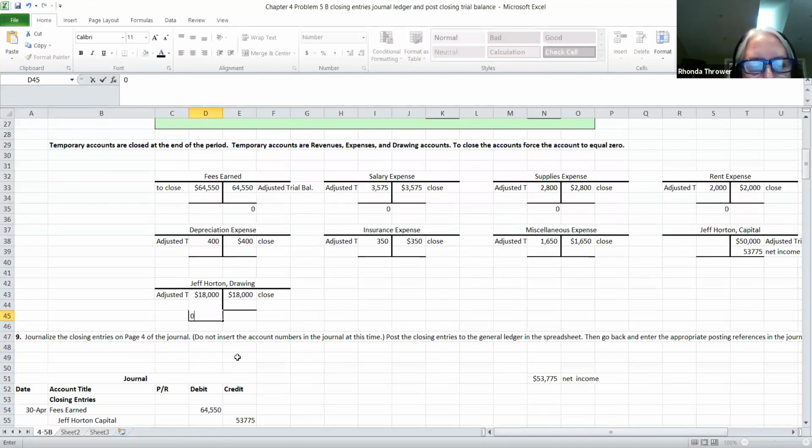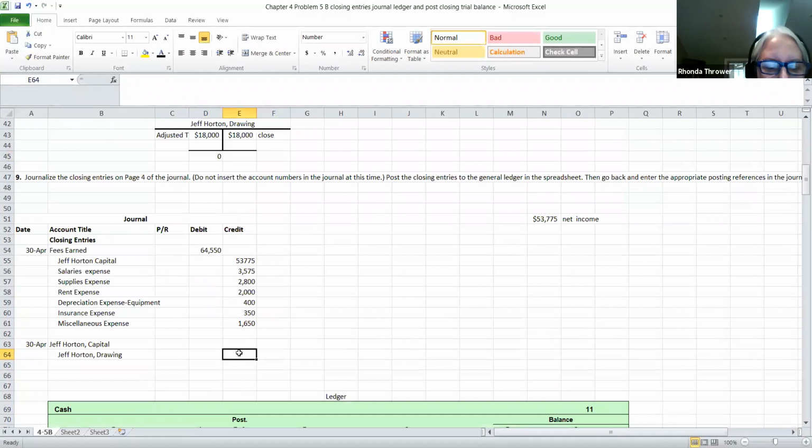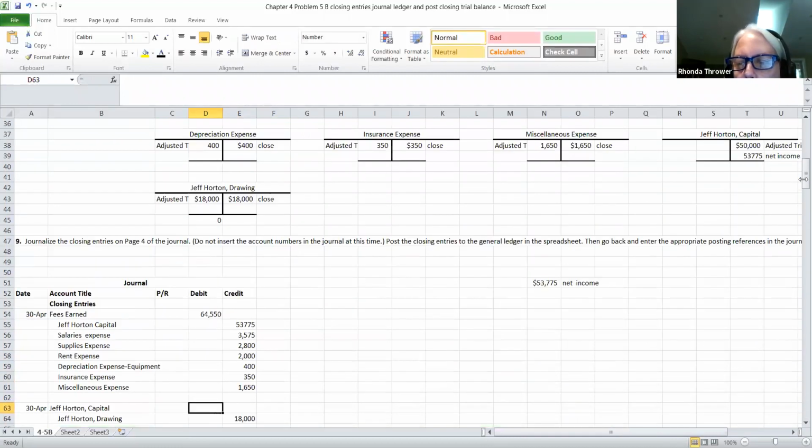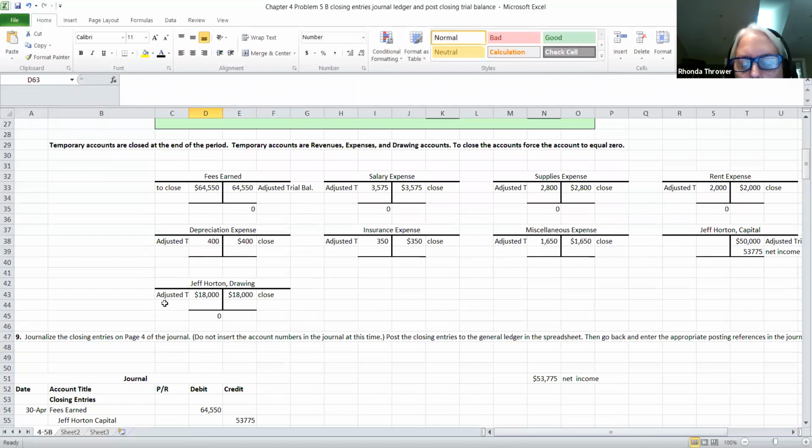And you notice that I credited my drawing for 18,000, but in our journal, we always have to put our debits first. And so what we need to understand is that withdrawals take away from capital. So my withdrawal will debit the capital account.